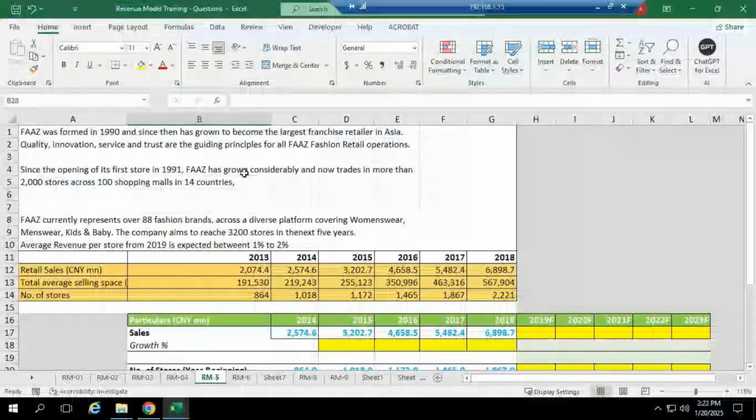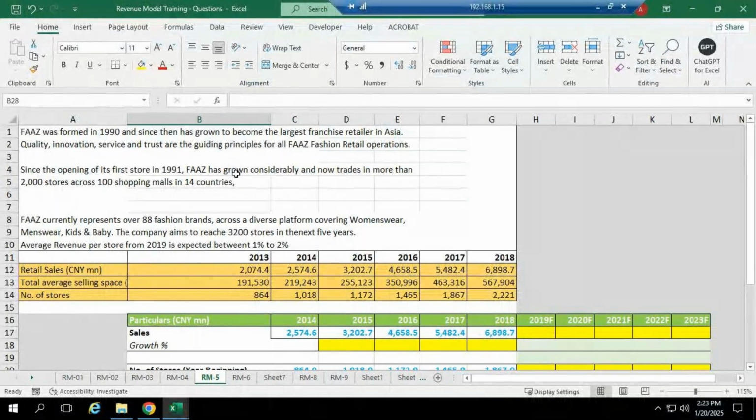Okay. So FAS was formed in the year 1990. Within 1 year FAS has grown considerably and now trades in more than 2000 stores across 100 shopping malls in 14 countries.